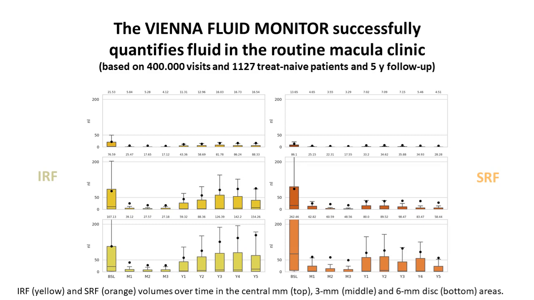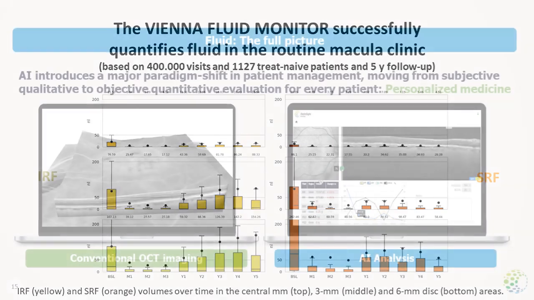We measured intraretinal fluid in yellow and subretinal fluid in orange using the fluid monitor. And you can clearly see that this is exactly what happens in the real world.